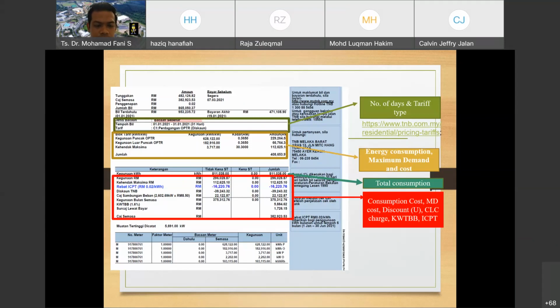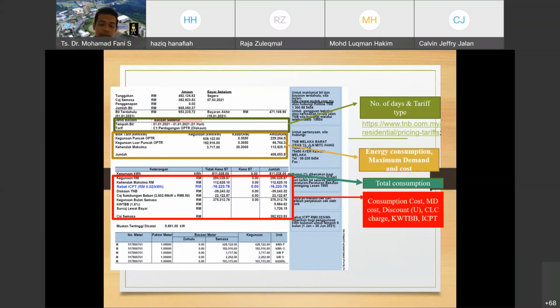So the discount from TNB, why is there a discount? It is about 10% discount from the base tariff, because TNB offers a discount for educational institutions, places of worship, and also welfare institutions. So TNB will offer the discount for these kinds of buildings for the consumer.